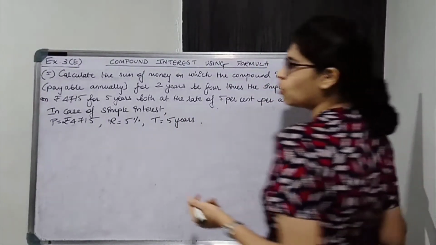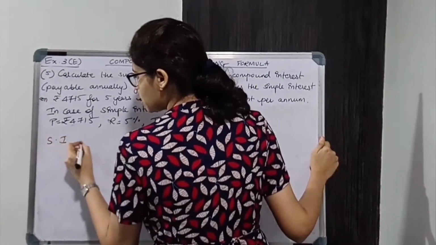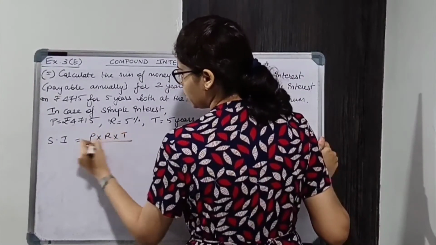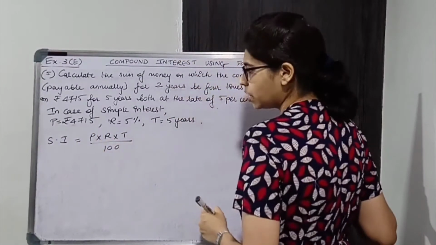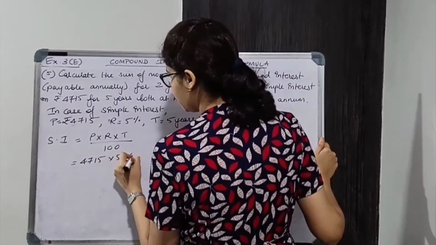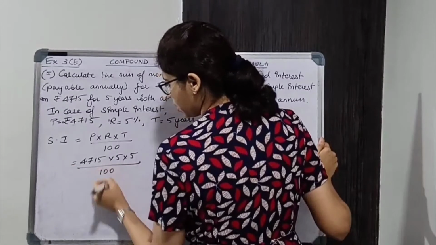So let us calculate simple interest. It will be P into R into T upon 100. So 4715 into 5 into 5 upon 100.